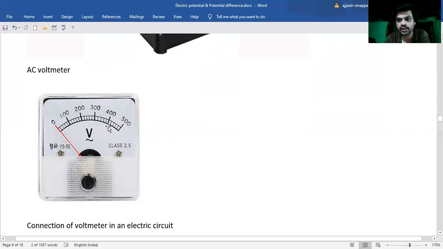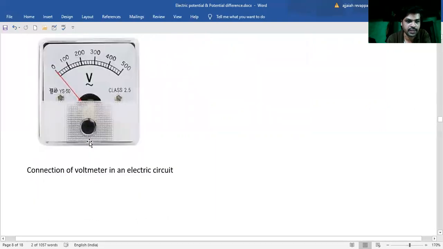It will go up to 400. So there we use this AC voltmeter. Normally we indicate AC through a symbol here. So you can see a wave. That wave shows the voltage fluctuating like a wave. So that is the symbol. Fine. This is the pointer again.